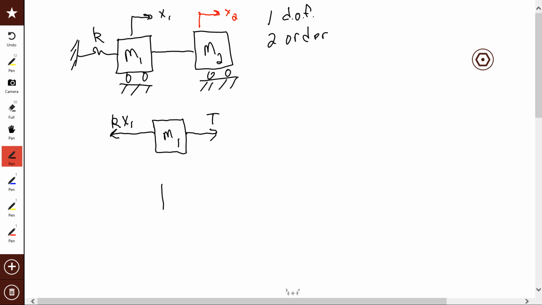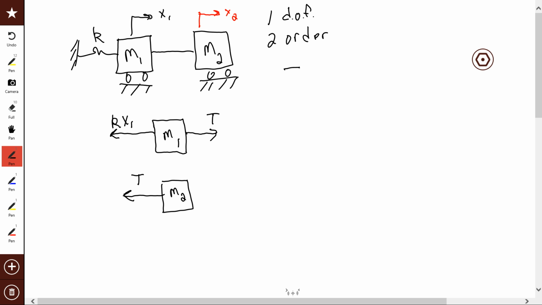Okay, let's draw the free body diagram with mass 2. And I have T, which is equal and opposite. So I draw it in like that. So there's my forces, or my free body diagrams. Okay, so now I'm going to sum forces on each of these things. So we'll take mass number 1.